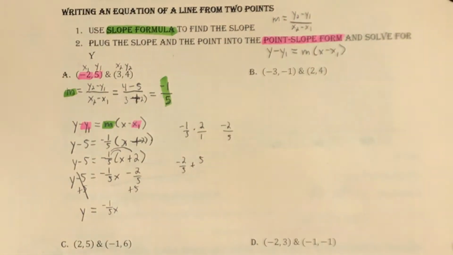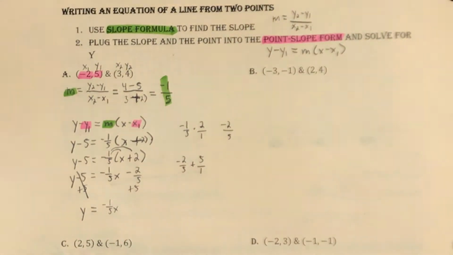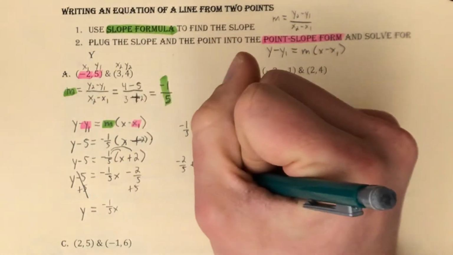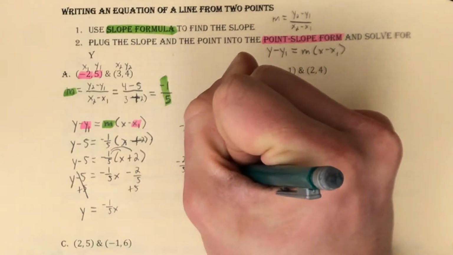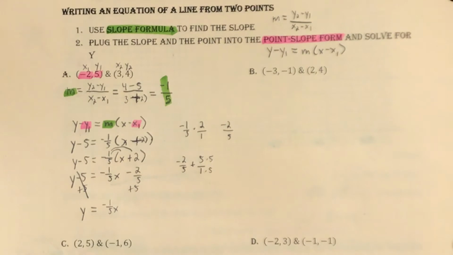Well, in order to combine a fraction with the whole number, I've got to put the whole number over 1. Then I need to find my common denominator. Well, the smallest number both 5 and 1 can go into is 5, so I'm going to multiply this one by 5, which means I need to multiply the numerator by 5.